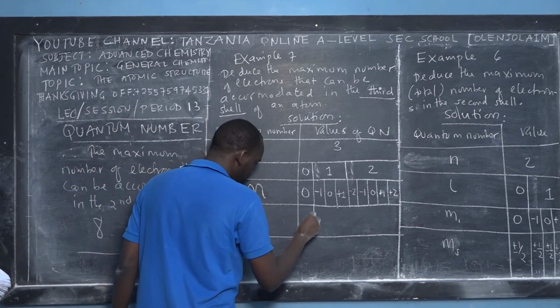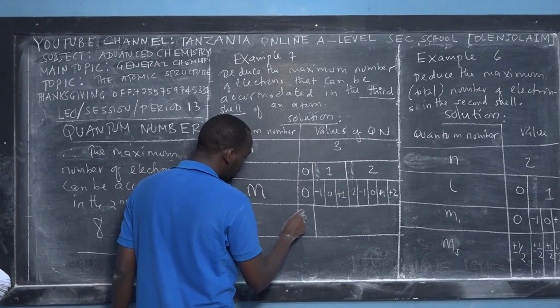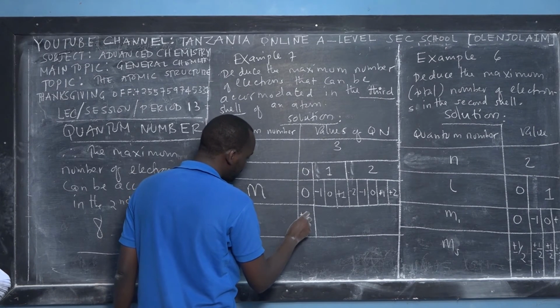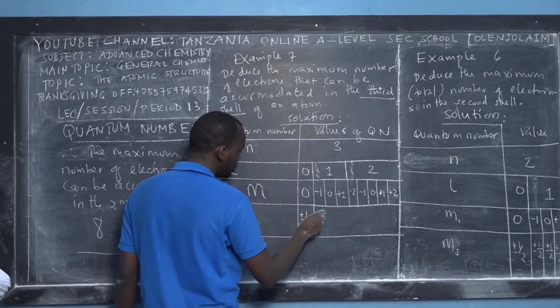So here we have plus and minus a half, 2 electrons.